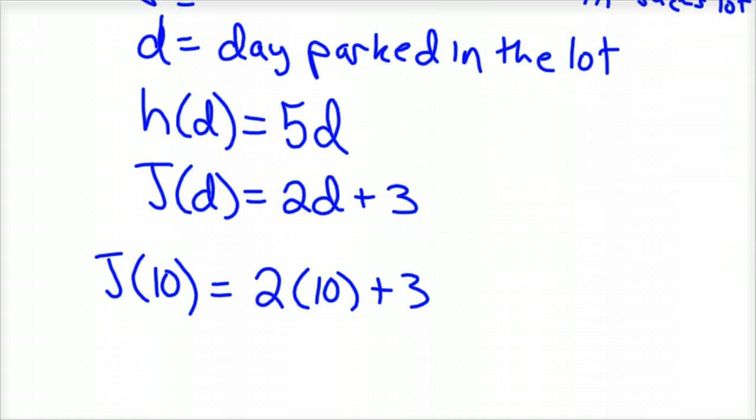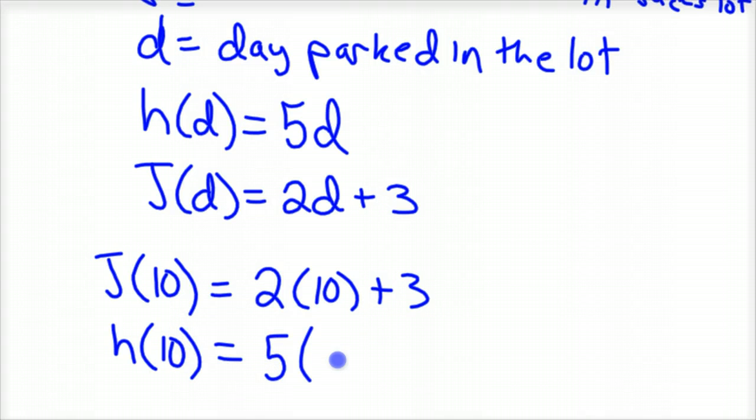Or maybe you want to know what Hogan's rule is for 10 days. So this leaves no question which rule we're talking about. So we were doing 10. So 5 times 10 plus 3. And so the cost at Jack's at 10 will be $23 after 10 days.